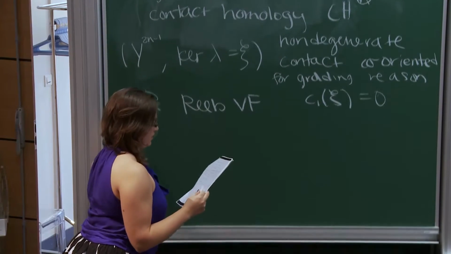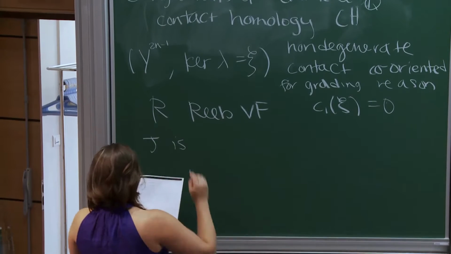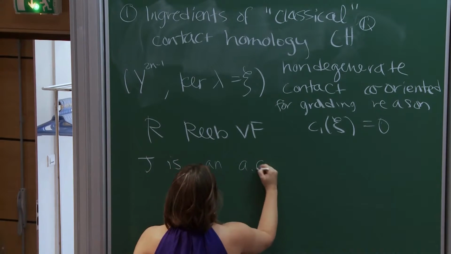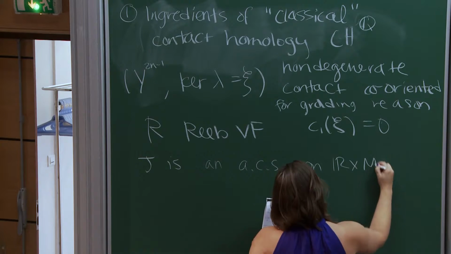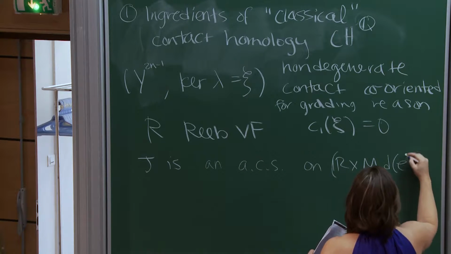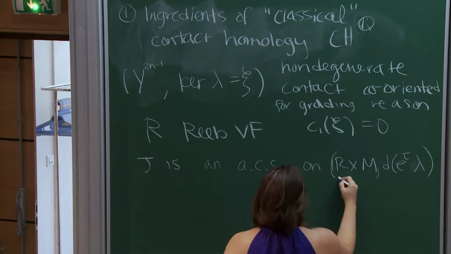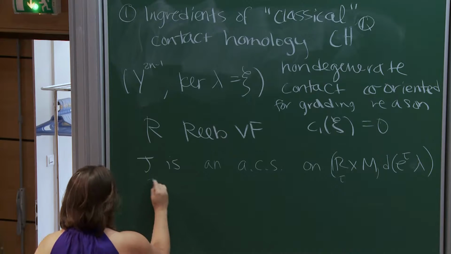Okay, and then I'm going to have J, an almost complex structure on R cross M. And I'll take d(e^τ λ). So here τ is going to be my coordinate on R. It's going to be translation invariant.